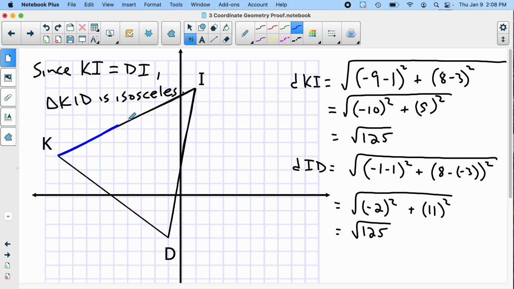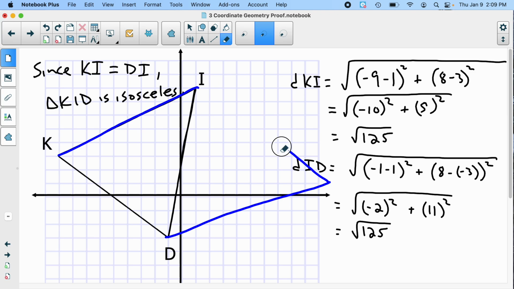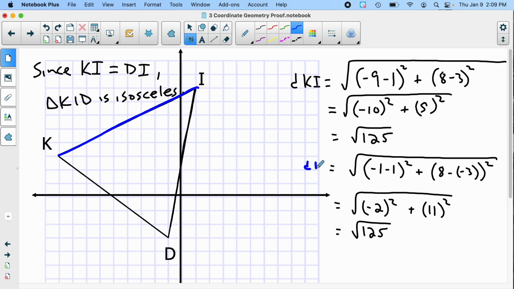It's got to go like KI, N has got to be somewhere over there, and D is going to be there. So the question is, though, where is N? Well, let's figure out how to find it.